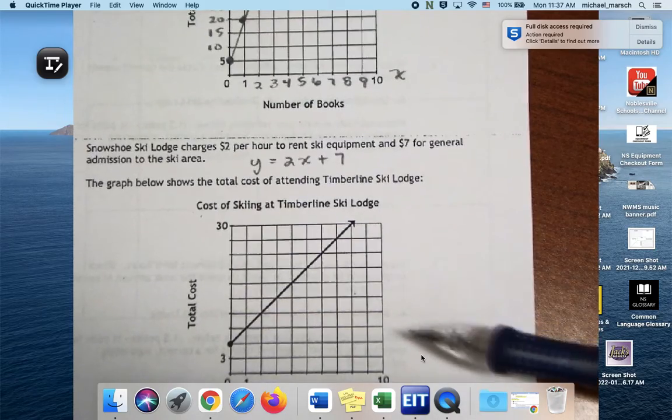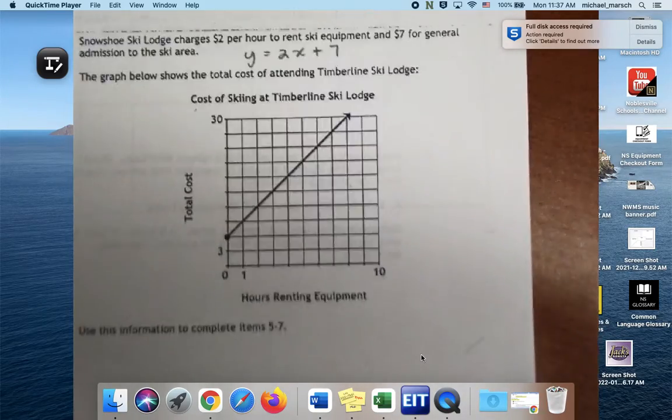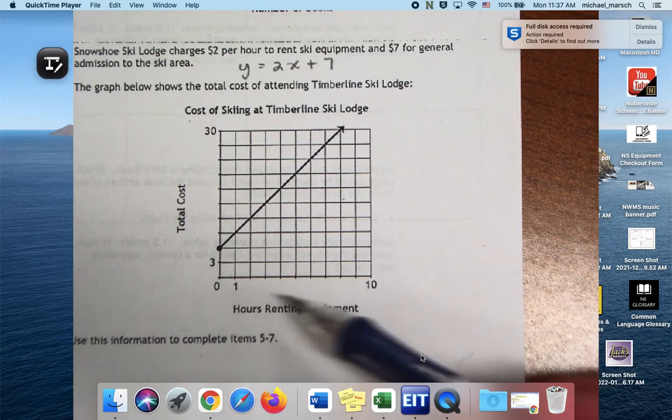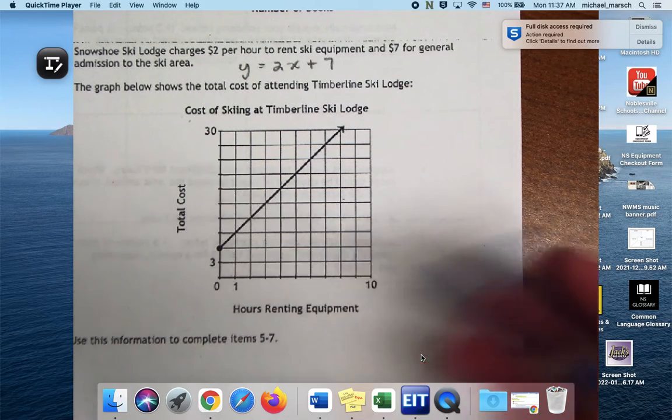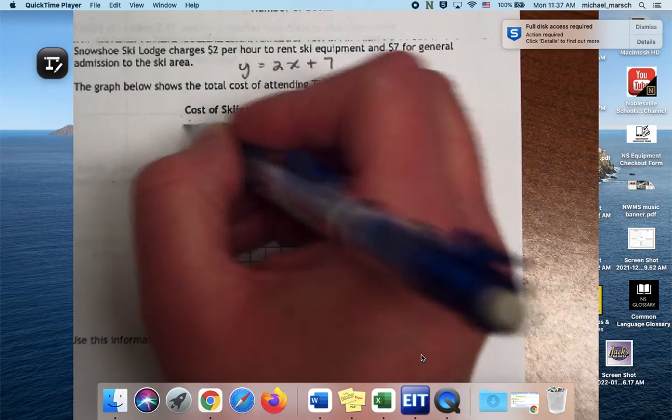And then for Timberline Ski Lodge, we have to fill in our increments here so we can determine the slope. So we have our x and y axis.